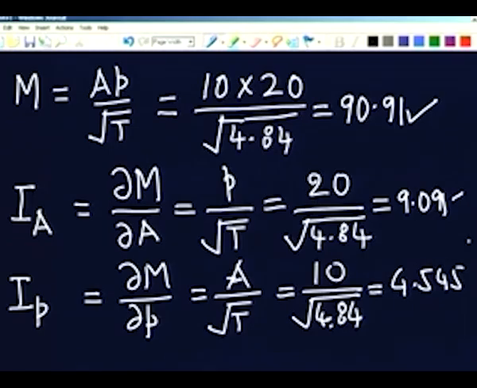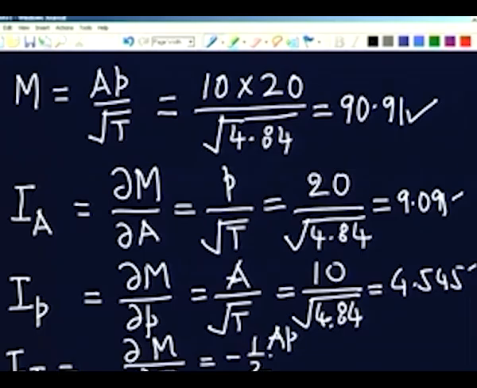So two influence coefficients are there. The third one is I subscript T, dou M by dou T. This will be minus half A P by T to the power of 3 by 2, and I can substitute and obtain the value as minus 9.39.